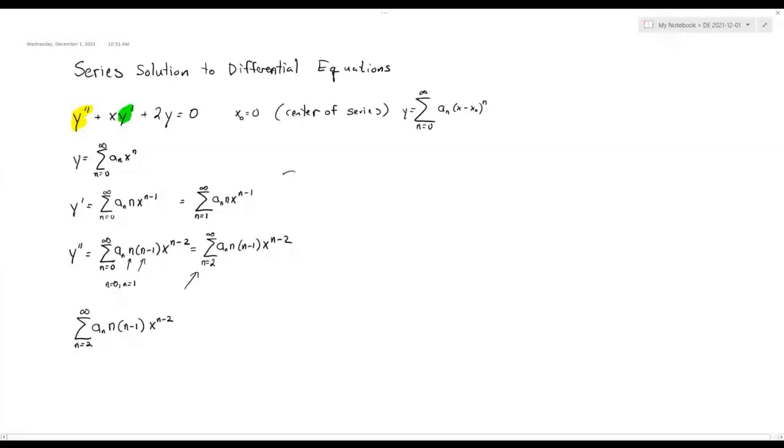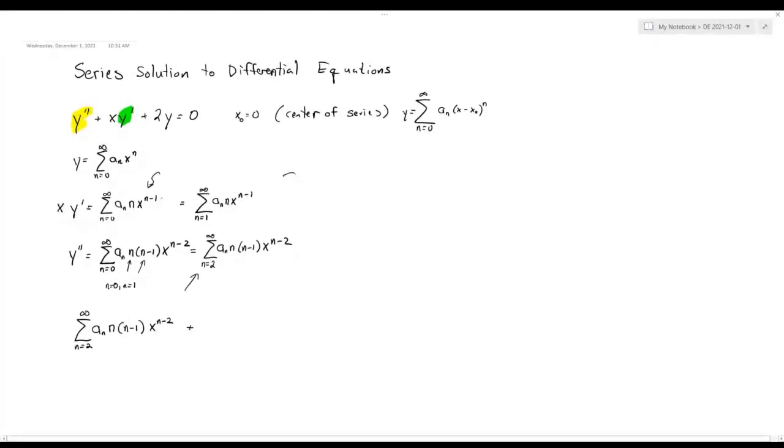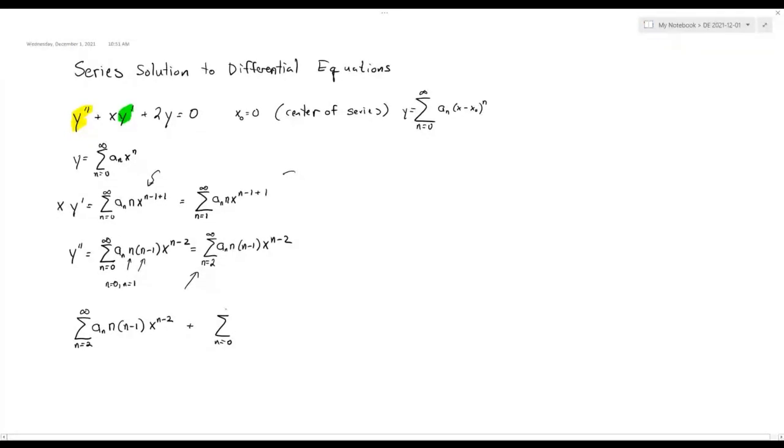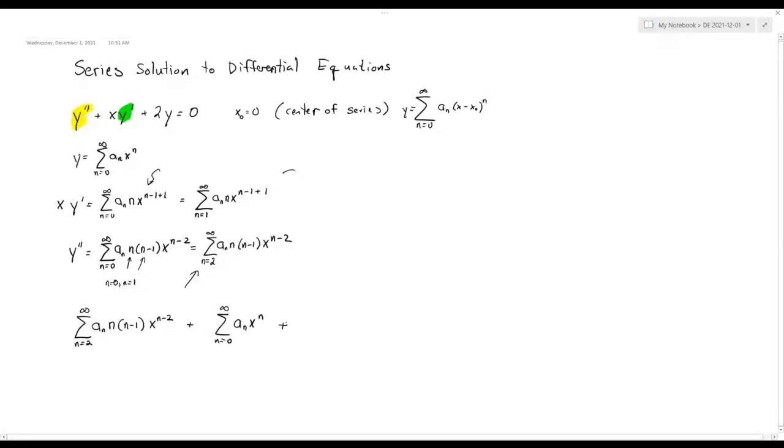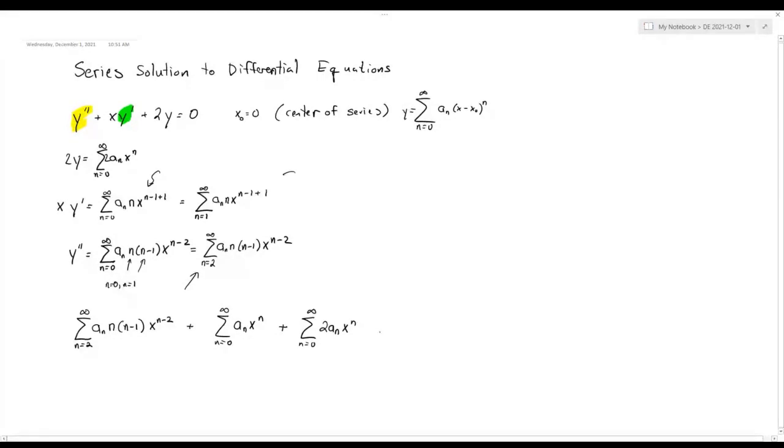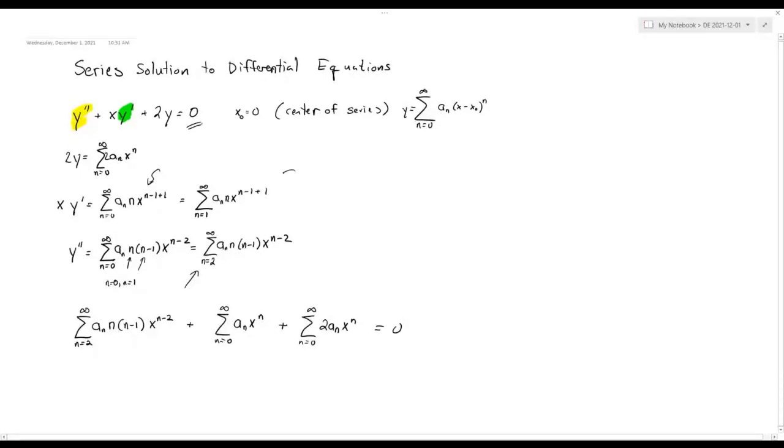Since we're going to multiply that by x, we can write x times y prime as the sum as n goes from 0 to infinity, and then plus 2 times y. And that's, of course, equal to 0.